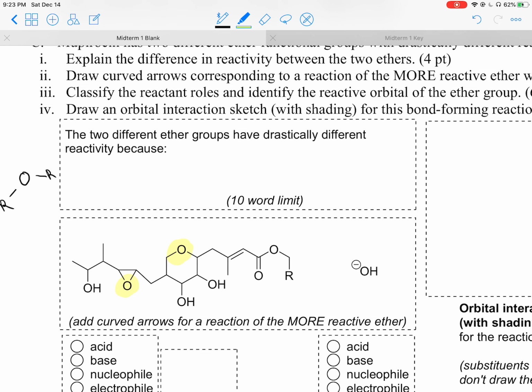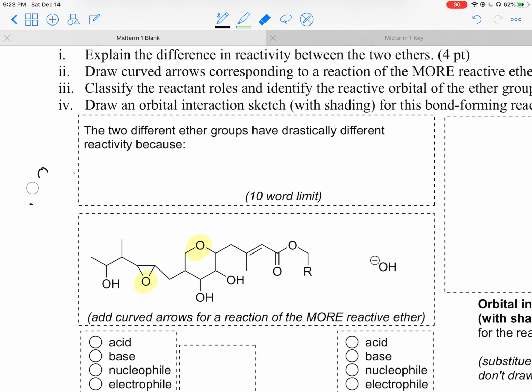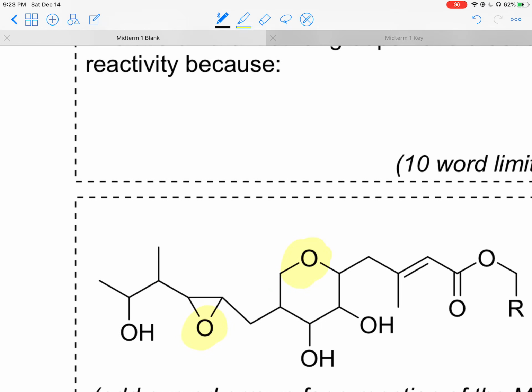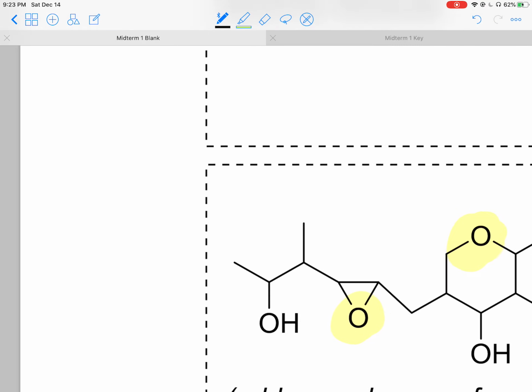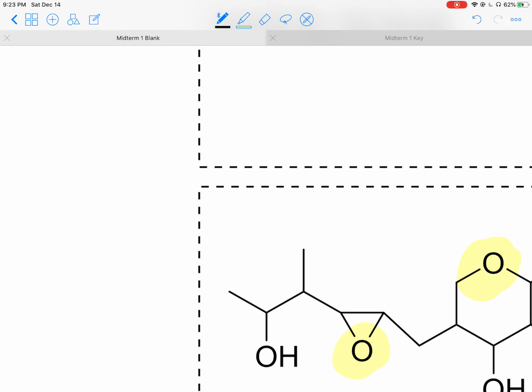Well, you might remember that there's something called ring strain, because these tetrahedral atoms, which are making 4 bonds, like to have each of their bonds about 109.5 degrees apart.